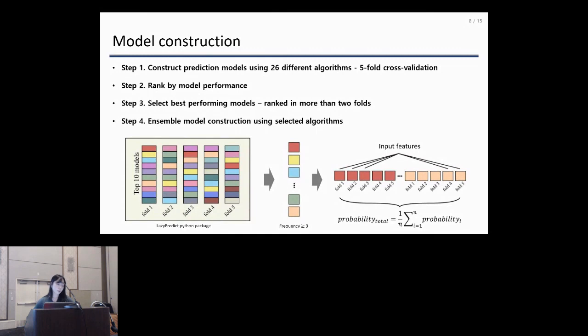Firstly, we used the LazyPredict Python package to construct 26 different machine learning based models. And of course, we could rank the models by their performances through fivefold cross-validation. Then we selected the best performing models that ranked in more than two folds. After that, we constructed ensemble models using the selected models.